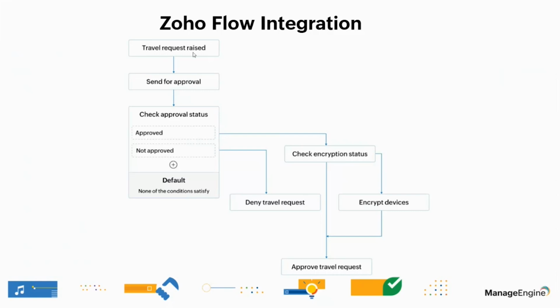And here we have an example for a travel request, where we can integrate with Zoho. There is a travel application available with Zoho, and the end user can initiate the travel request, and then it is sent for approval to the approvers.